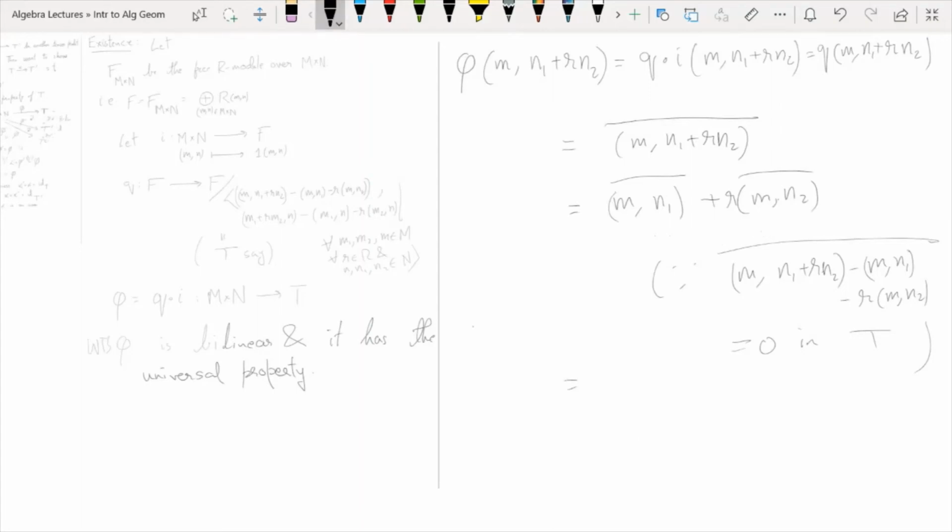And this is equal to phi of m comma n1 plus r times phi of m comma n2. Okay, so it makes sense that phi is bilinear. Similarly, linearity in the first variable.